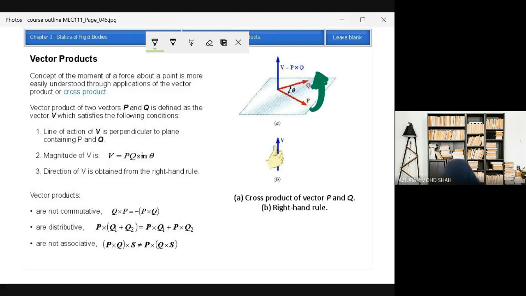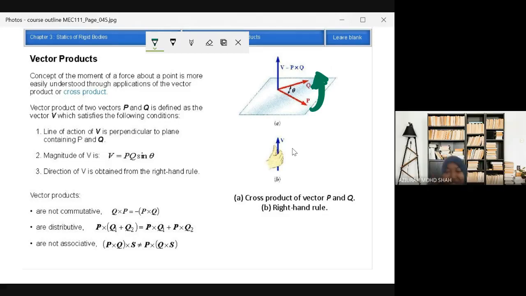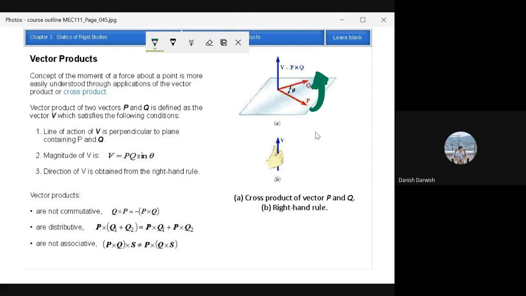Oh, faham. Nampak? Letak dekat meja, tengok. You punya tangan tu, jari-jari tu dia curve macam mana? Dia curve clockwise ke counter clockwise? Saya dah faham. Kalau Q cross P, dia ke bawah sebab dia adalah arah jam.